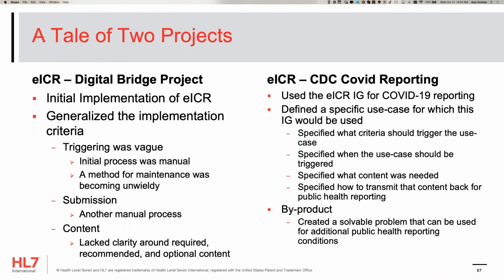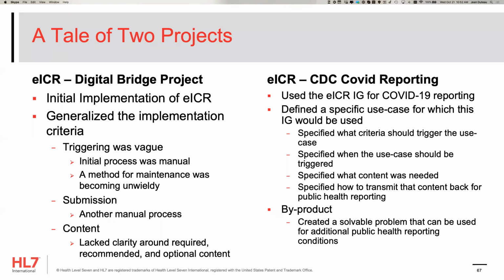because the triggering process was difficult. We would spend time trying to get this triggered manually, just to be able to do a proof of concept once we actually identified the content and the structure of the CDA that was supposed to be there.